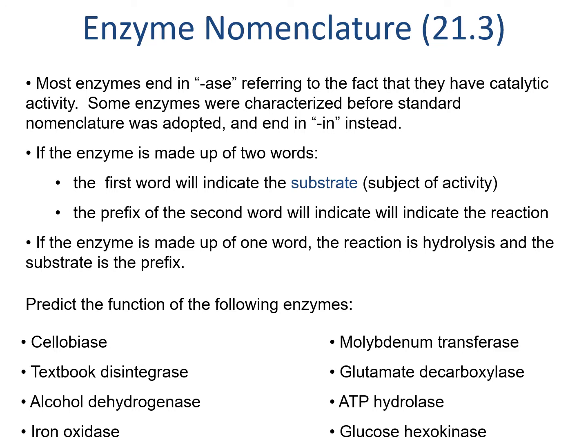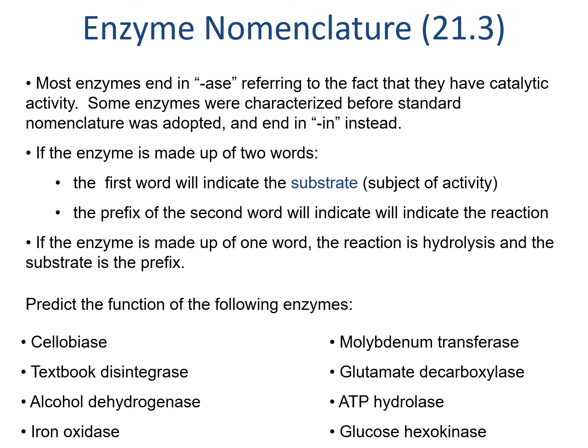So for example, we should be able to identify what each of the following enzymes is doing, at least in general. The first enzyme, cellobiase, is just one word, so we know that it's going to hydrolyze, and it's going to hydrolyze something whose beginning sounds something like cellobi. We know the molecule cellobiose. Cellobiase hydrolyzes cellobiose.